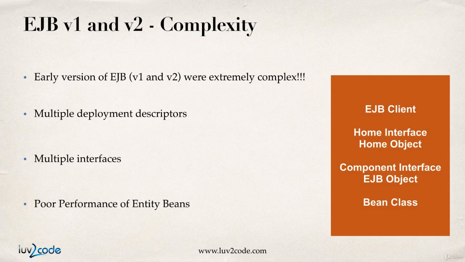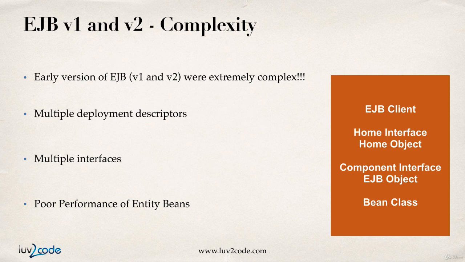Now, the one thing they added along the way was Enterprise Java Beans. And so EJB is like your cousin or your family member that you just don't really like because they just mess things up for everybody. So the early versions of Enterprise Java Beans, versions 1 and 2, were extremely complex to develop. You had to create these XML deployment descriptors.